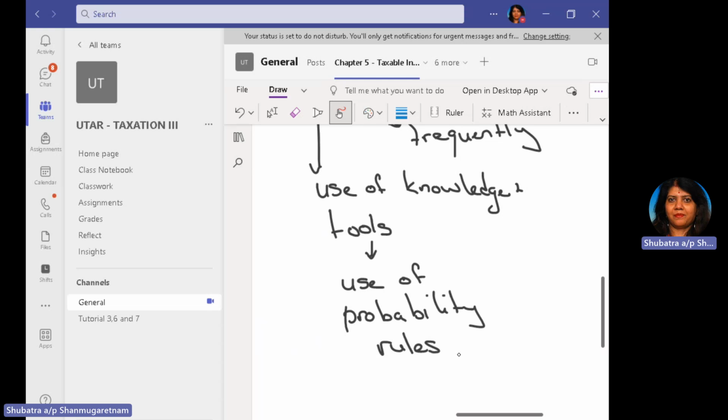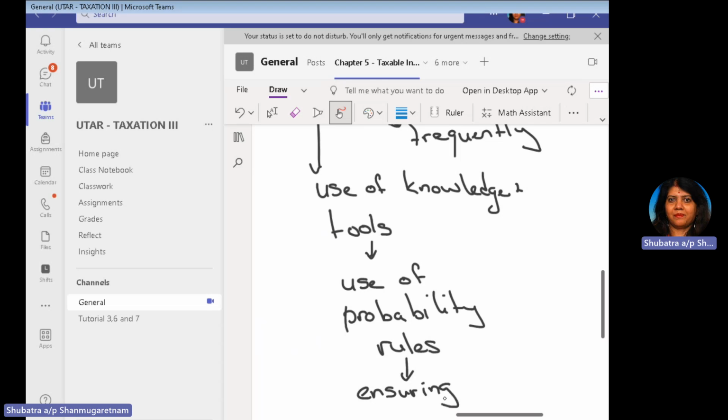Am I depending on luck now? No. I am ensuring my winnings. I'm using my knowledge, I'm using the tools, I'm using probability rules to ensure the winning. So here I am ensuring my winning.